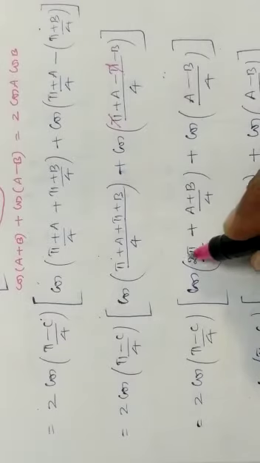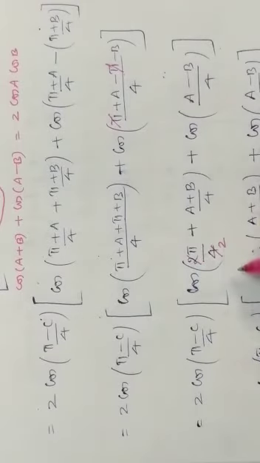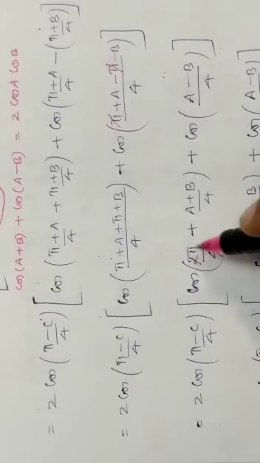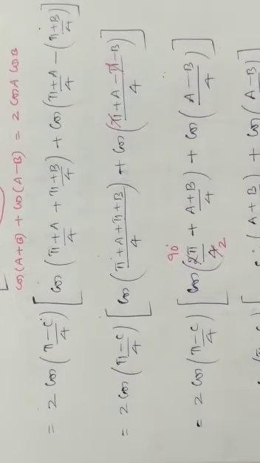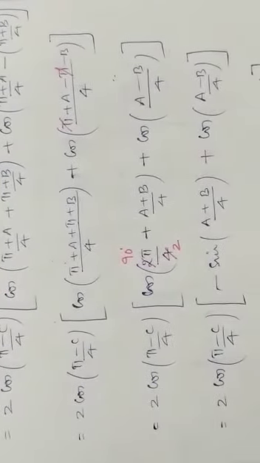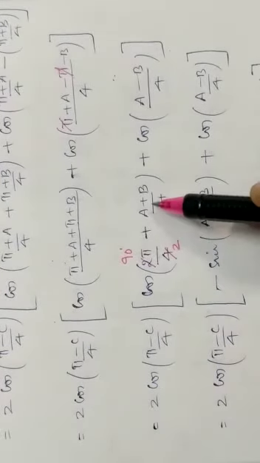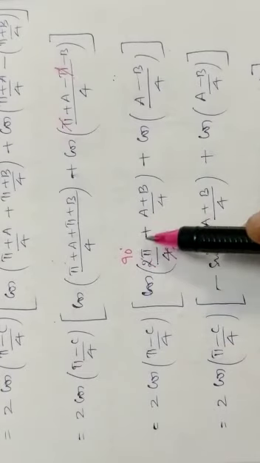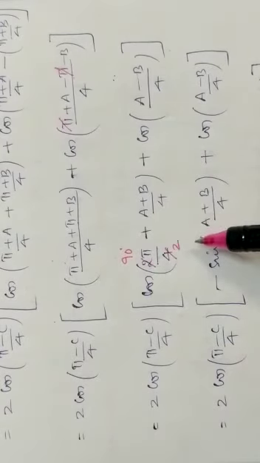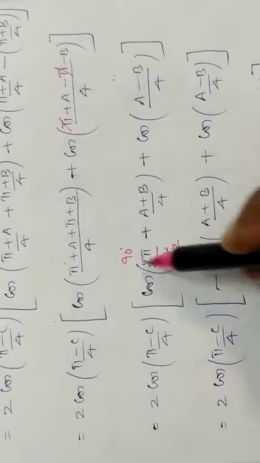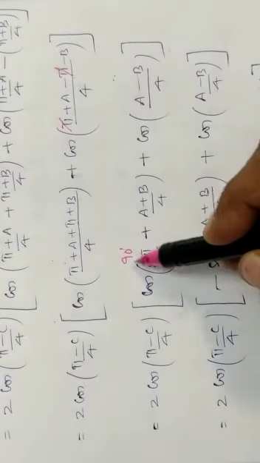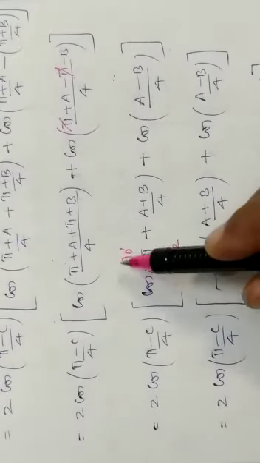Here we can simplify 2 pi by 4 as pi by 2. Pi means 180, 180 by 2 is 90. So cos(90 + theta), 90 plus comes in the second quadrant. In the second quadrant cos is negative, so minus. Remove 0, 9 is odd, cos will change to sin.